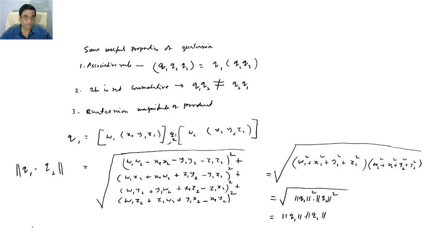And then a few more properties. Quaternion inverse of product. This is also very useful. AB inverse equals B inverse A inverse. The quaternion follows this property.